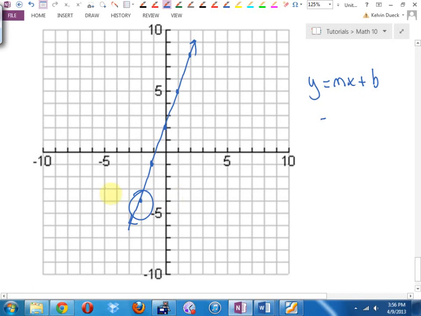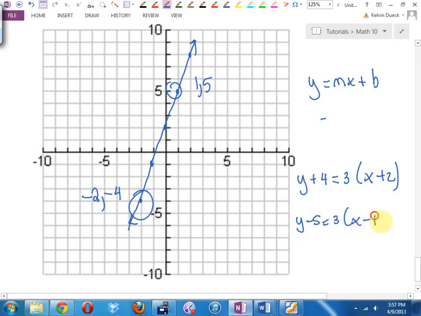Well, first of all, what are the coordinates of that point? -2, comma, -4. You could also go y plus 4 equals 3 bracket x plus 2. Does that work? Using slope point form? Or could use that point there, which is 1 comma 5. Y minus 5 equals 3 bracket x minus 1.